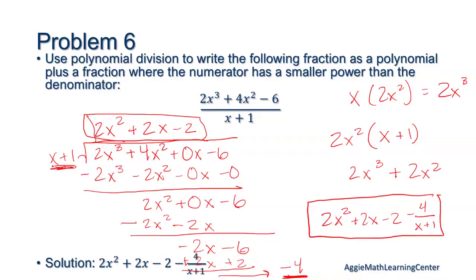I got rid of x cubed, now I'm going to my x squared, then I'll go to my x, and then to the last spot. To get to your x squared spot, you have to get rid of everything inside of your x cubed spot. So that's why we multiply again by that 2x squared. 2x squared times x, we already knew gave us 2x cubed because that's what we divided by when we got our 2x squared. And then we also add the 2x squared by the 1, and that's going to shift our whole process over to then solve for our x squared.